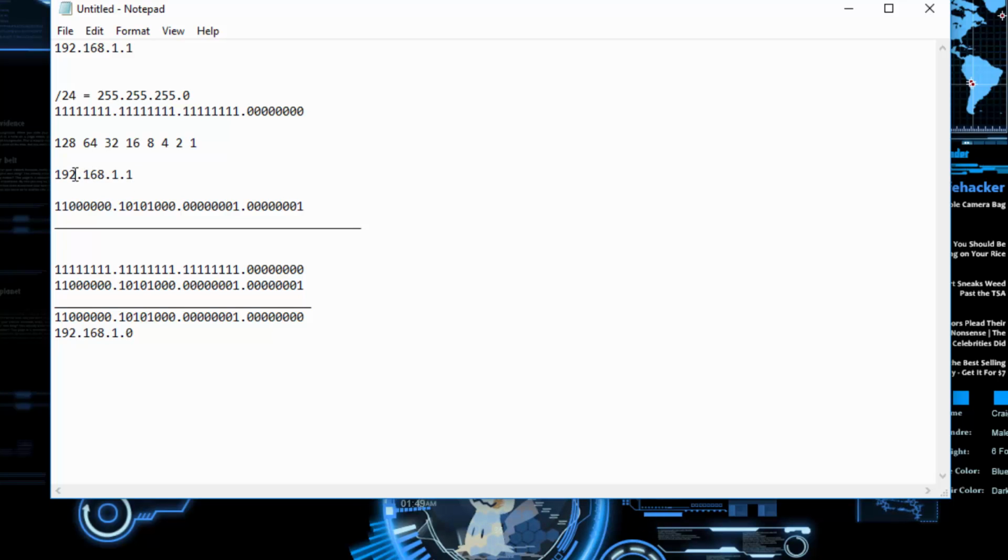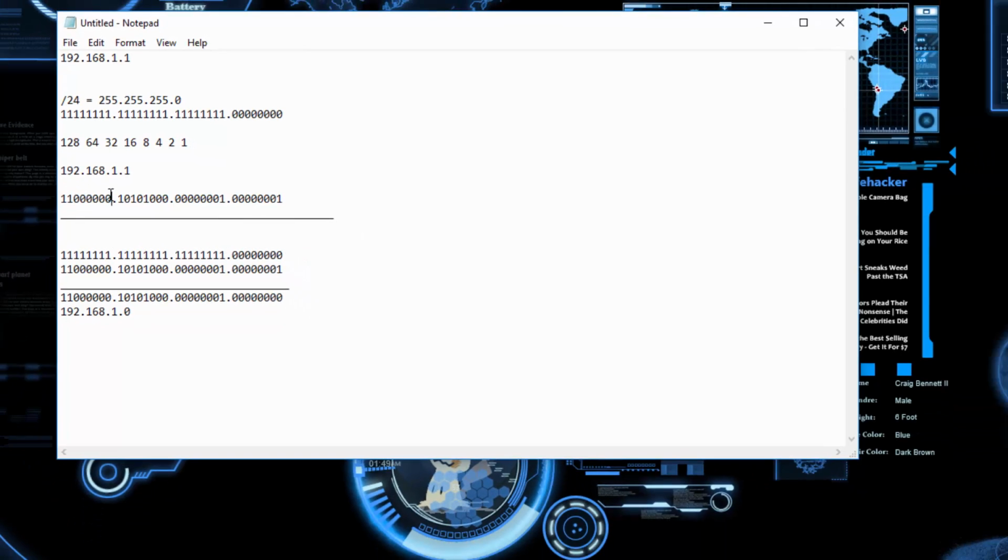In order to change this into binary, which is necessary for subnetting, you use the following: each one of these is a placeholder. So this is 128, 64, and so on.